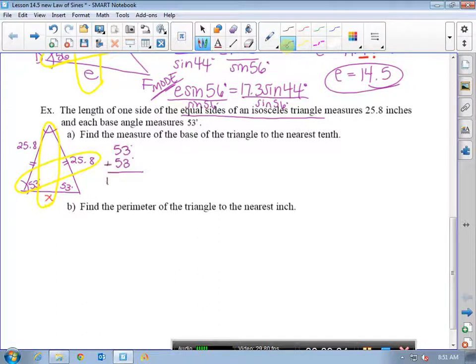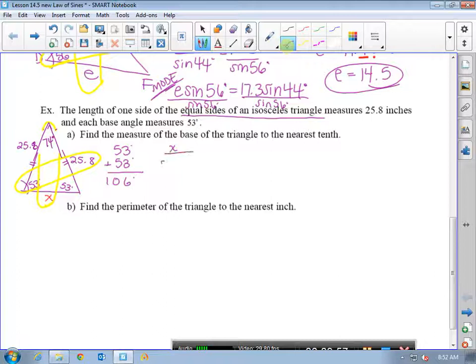So we have 106 degrees so far. And so from 180, there's 74 degrees left for this vertex angle. There we go, 74 degrees up there. Now I have my side angle pair that I need.